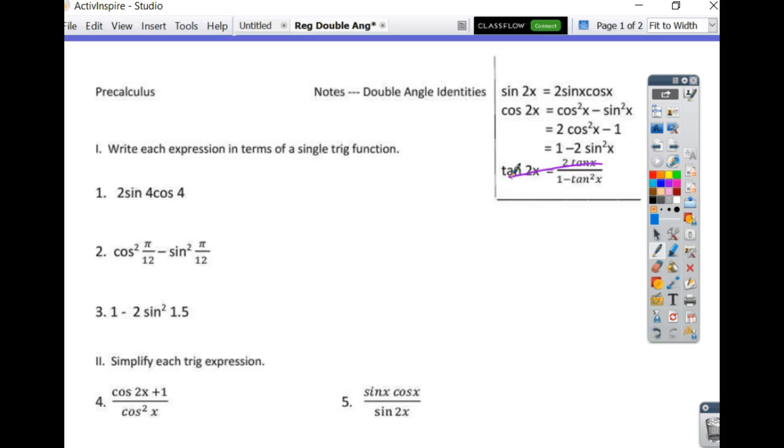So if I look at this, the sine of 2x cosine of x, what's my x over here? 4. So this is going to equal the sine of 2x. So 2 times 4 is 8, so this equals the sine of 8.